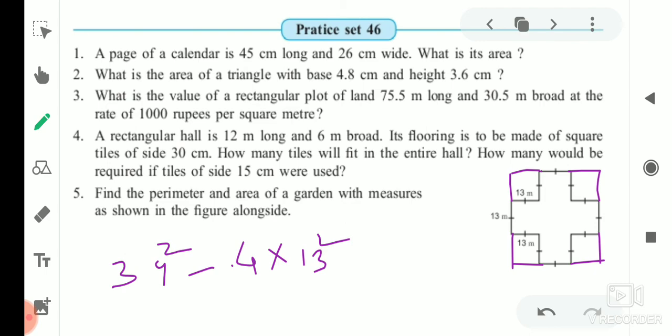Okay, so area of this garden will be equal to 39 square minus 4 into area of this smaller square. Okay, so in this way we will calculate the area of this garden.